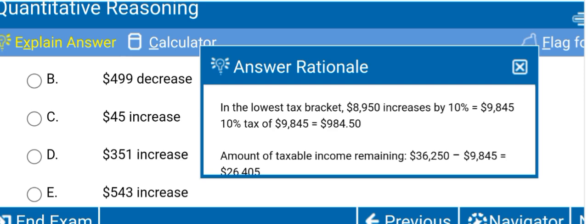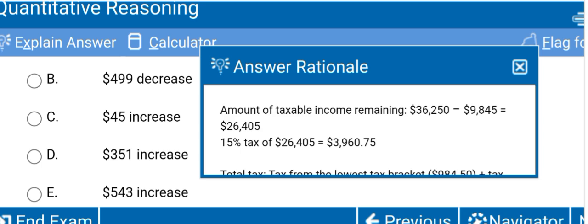Amount of taxable income remaining: 36,250 minus 9,845 equals 26,405. And when we add 15% tax on this amount, we will get 3,960.75.